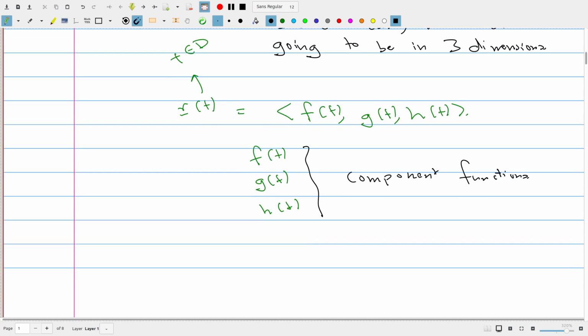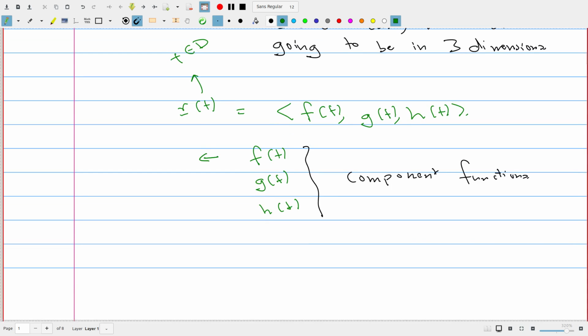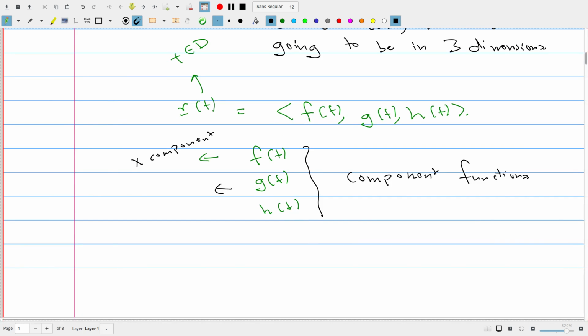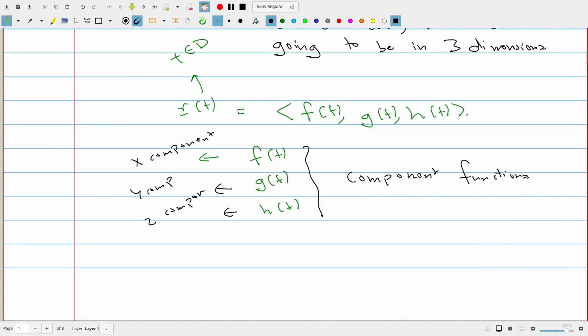Why? Because f(t) gives you the x component, g(t) gives you the y component, and h(t) gives you the z component. Because this is a vector function, of course we must have three output components.